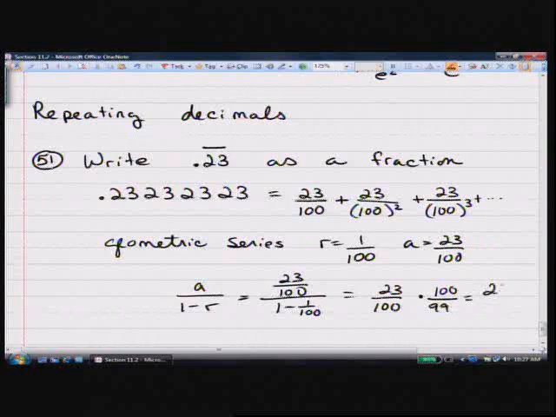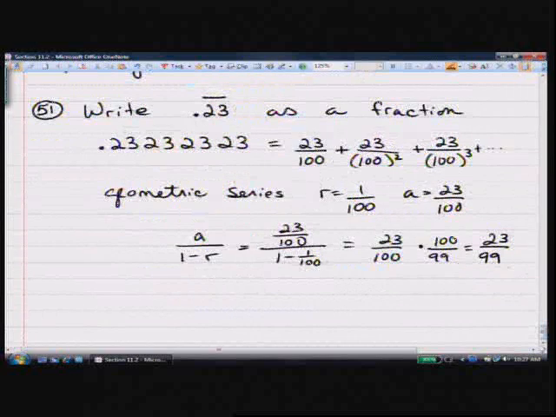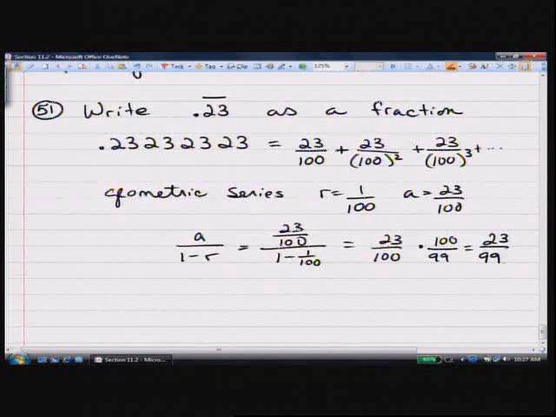And so your answer is 23 over 99. And if it can reduce, you would. But if you type in 23 over 99 on your calculator, you're going to get 0.2323 repeating. So that's kind of a cool thing that you can do with geometric series.